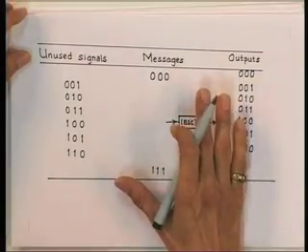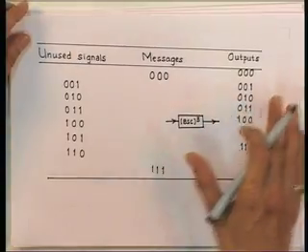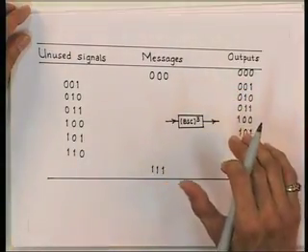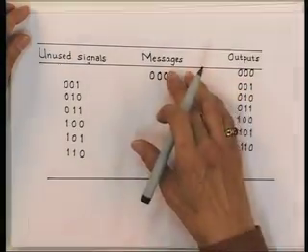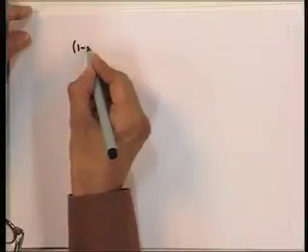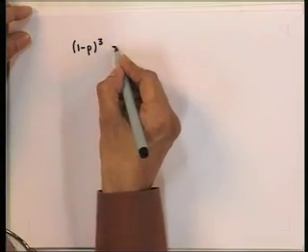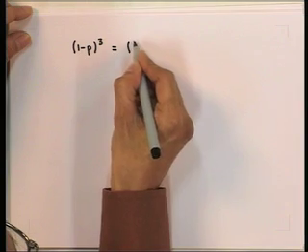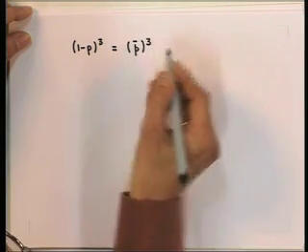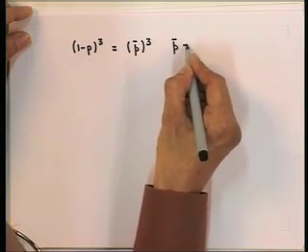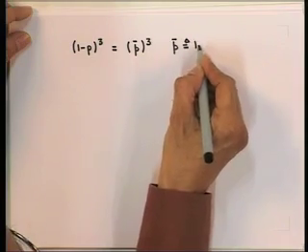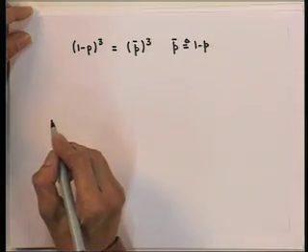The probability that no error occurs in the transmission of our 3 digits is 1 minus p cubed, equal to p bar cubed, where p bar is by definition 1 minus p.